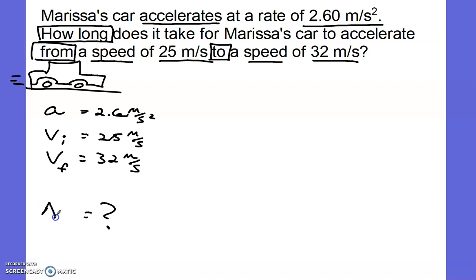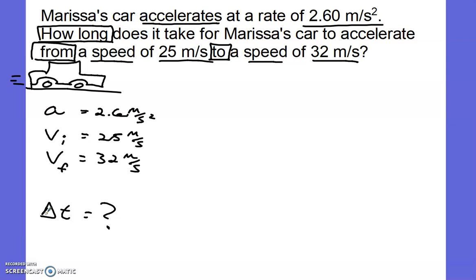So the words how long represent a time, versus words like how far, which would represent a distance. If I say how far do you travel to get to school, that would be looking for a distance. So now I have the letters that I know and the letter I'm trying to find. So we have A, Vi, Vf, and T.